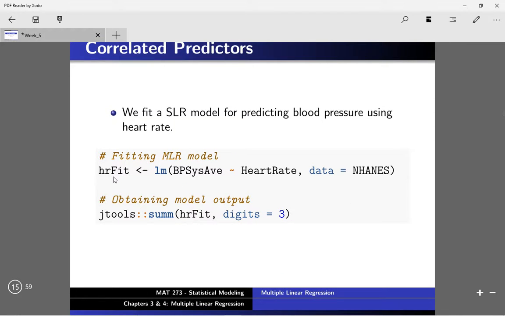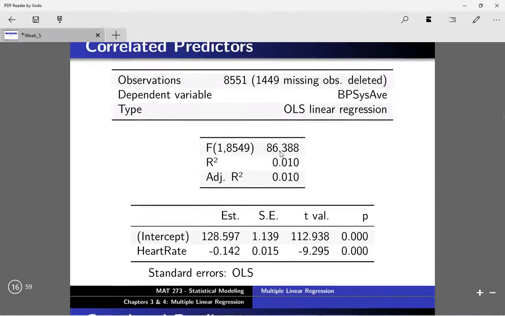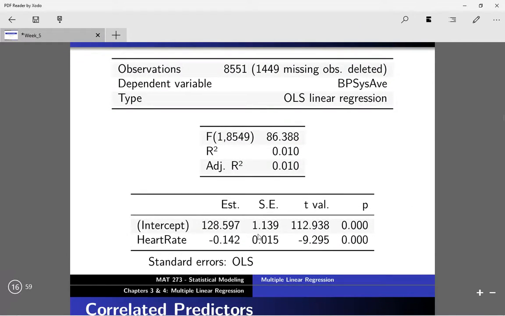If we fit another regression model where we're modeling blood pressure again, using heart rate, which had a negative correlation if we recall back to that second scatter plot we looked at, and obtaining the regression output here, we can see that indeed there's a corresponding negative regression coefficient for heart rate used to model blood pressure.